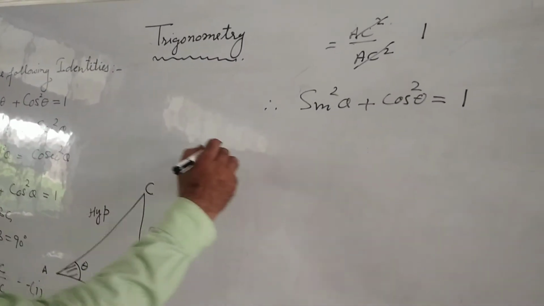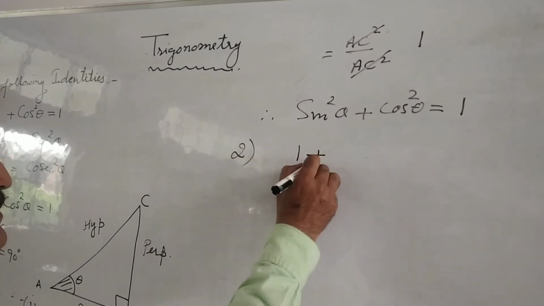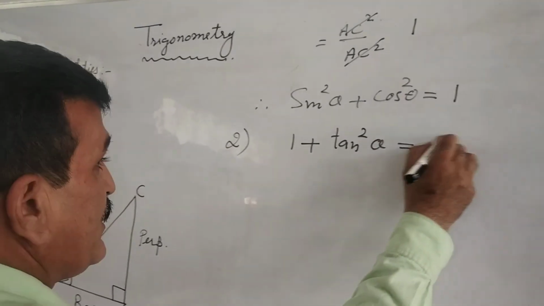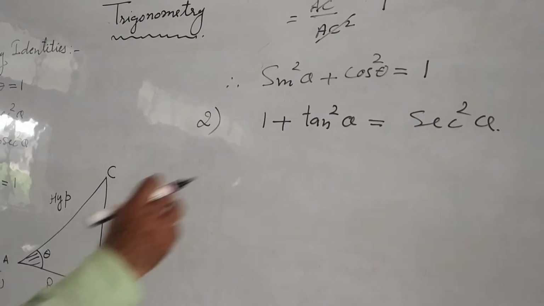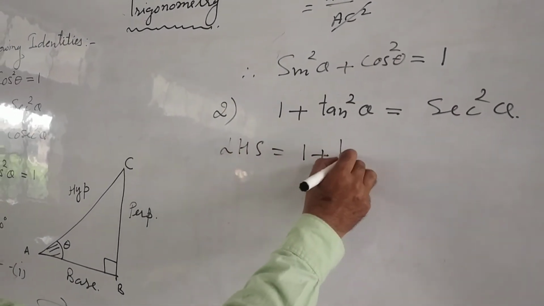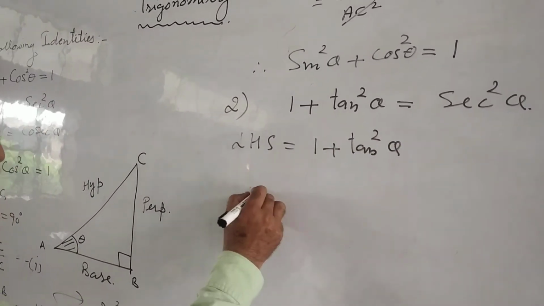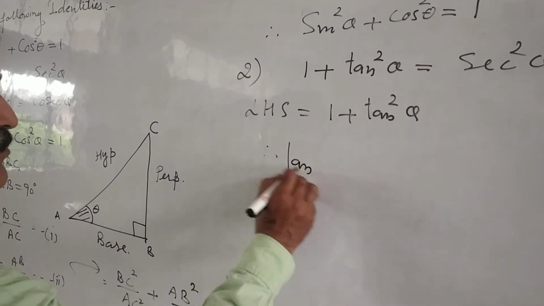Now let us start the second identity, which is 1 plus tan square theta is equal to secant square theta. First of all, take the left hand side. It is 1 plus tan square theta. First of all, we will calculate the value of tan theta. So from the figure, what is tan theta?